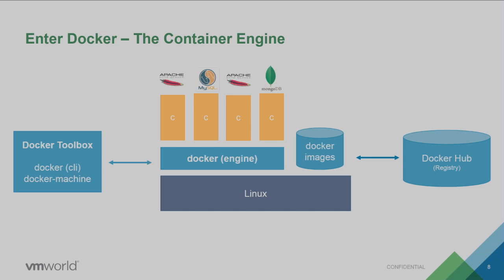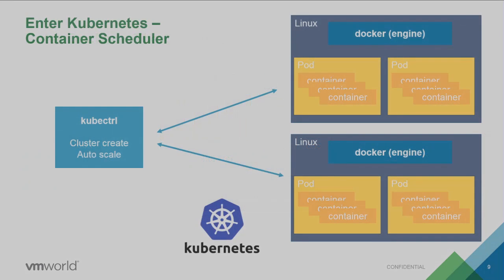And it's nice to run containers on your laptop or on one machine, but where it gets interesting is when you want to run it in the data center in production, and you need something like a scheduler to run it on multiple machines at the same time and actually schedule it across different workloads. And I don't know if it's pretty obvious here, but this probably looks similar to what we call vCenter. So this is Kubernetes. There's also Mesos and Swarm from Docker.